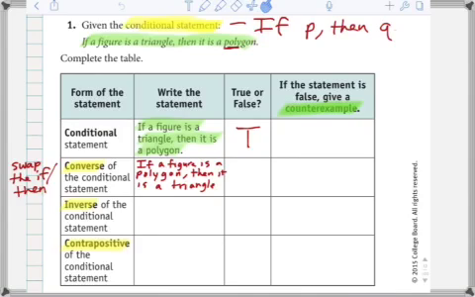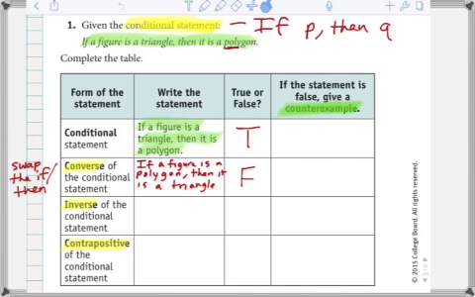Now I need to think about whether this is a true statement or not. I want you to think about that for a moment. Is this a true statement? If a figure is a polygon, then it is a triangle. In this case, this is not true; this is false. Now we can talk about the idea of a counterexample.